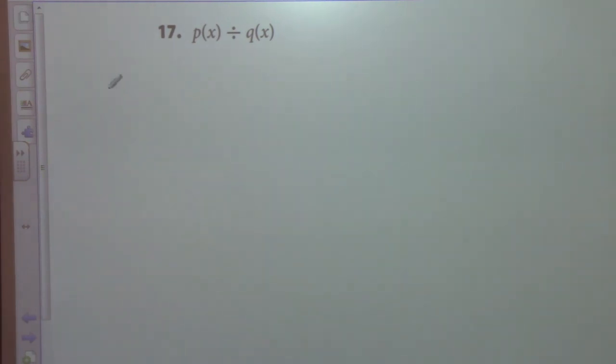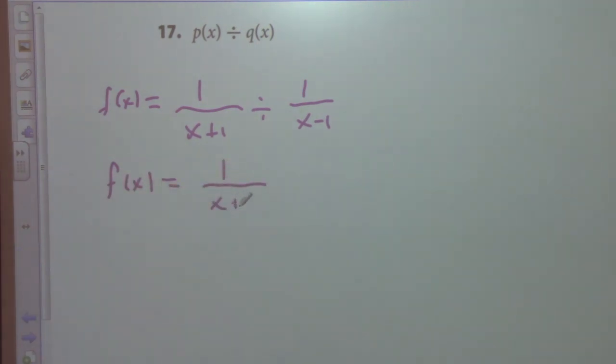So here we have f of x is equal to 1 over x plus 1 divided by 1 over x minus 1. So how would you do this one? What do you do to this guy right over here? Okay, so we're going to multiply by x minus 1 over x plus 1, and then multiply them together, you get f of x equals what?